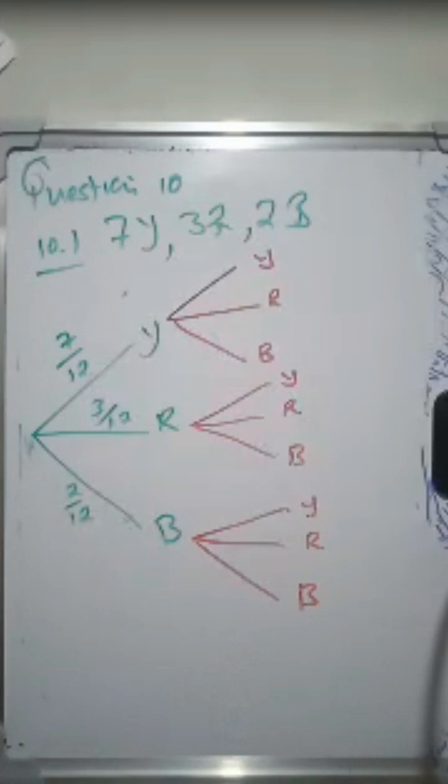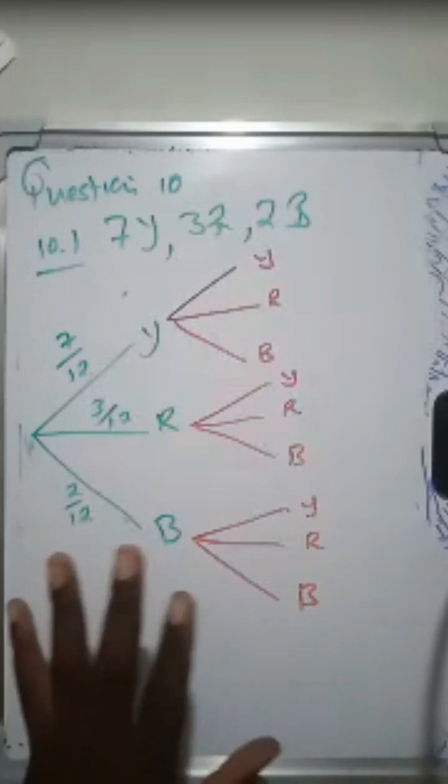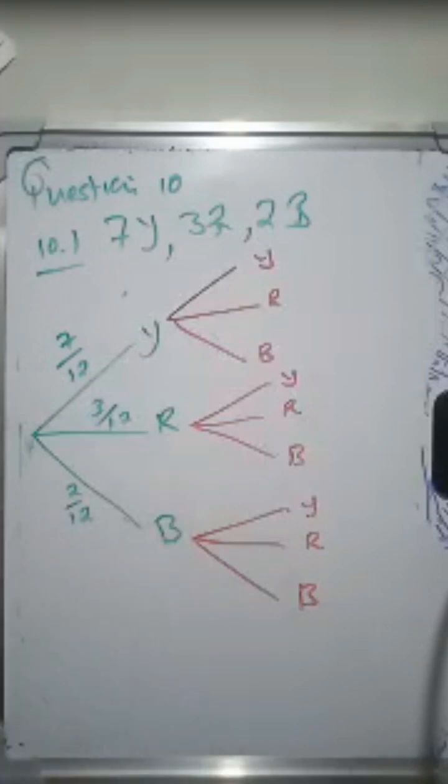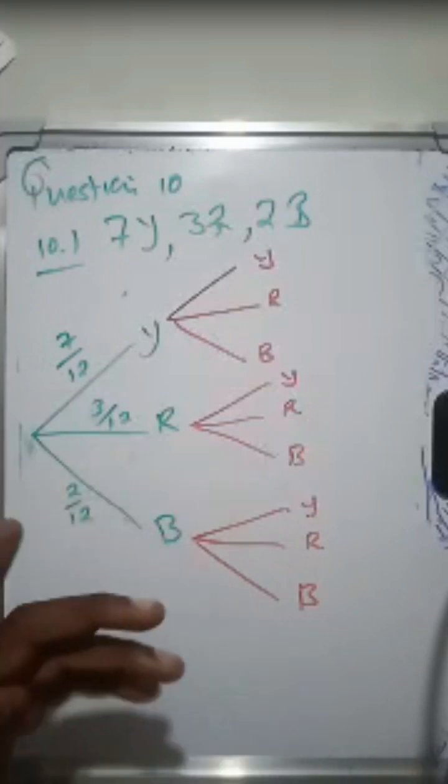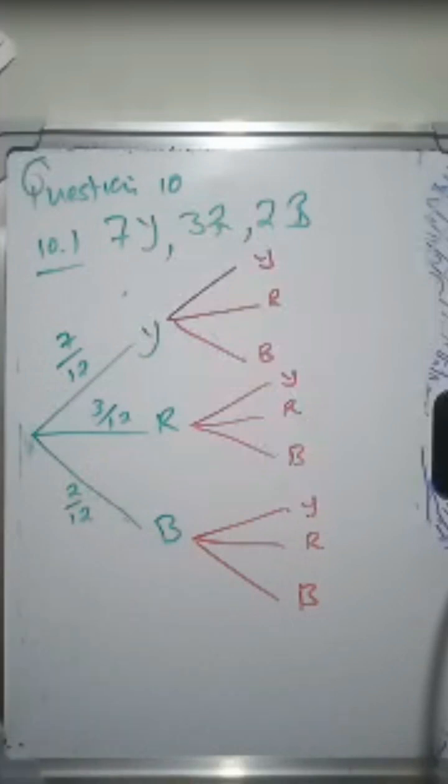You should be careful there. If they replace the ball, it means the balls are going to remain 12. If they take them out, it means the balls are no longer 12, but they are now 11. Right?